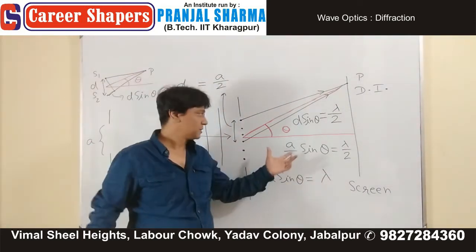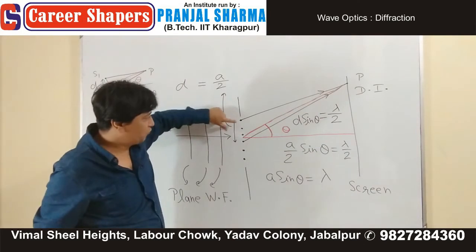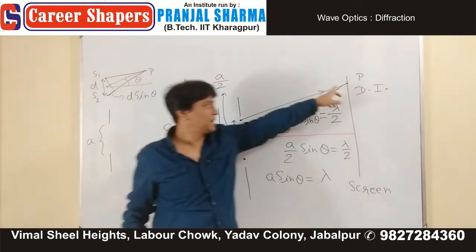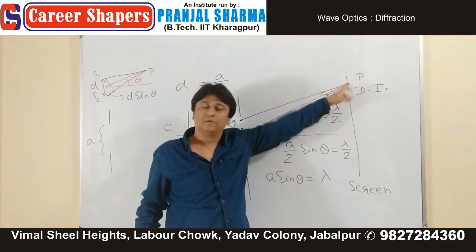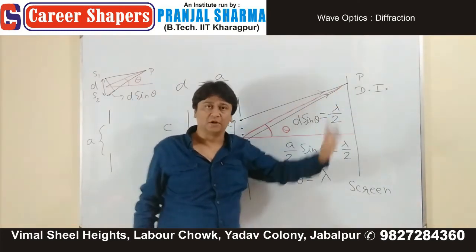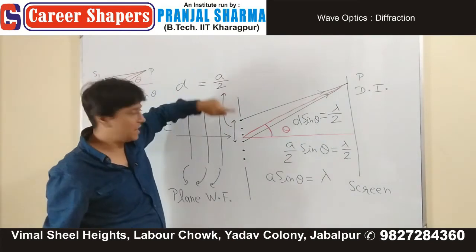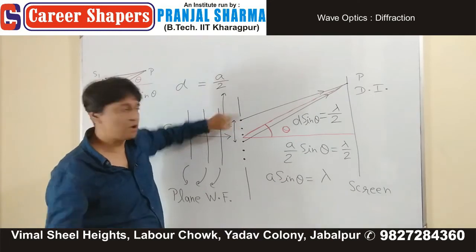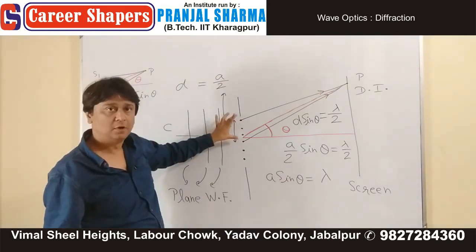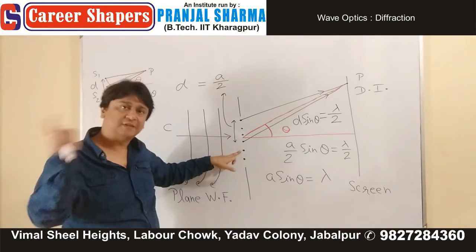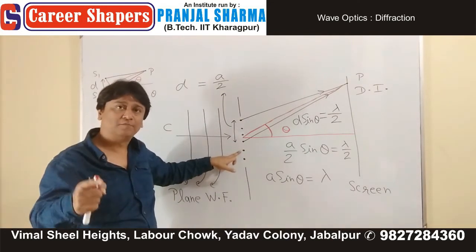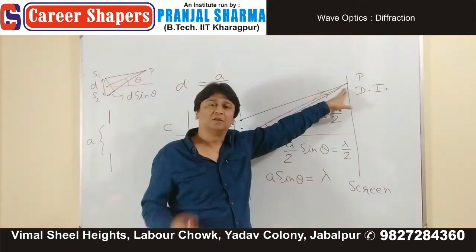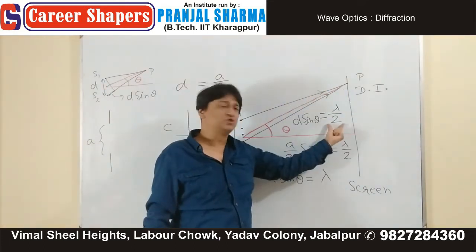Now, once you say that the first and first of these two halves cancel each other, the electric fields cancel out each other, we can say that the secondary source of the upper region will interfere with the secondary source of the lower region, and by symmetry they will also have a path difference of lambda by 2.